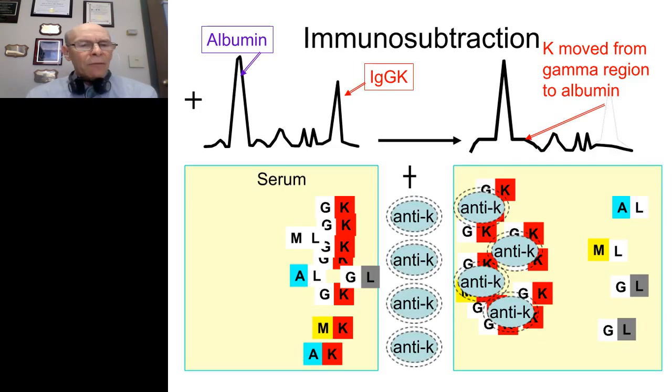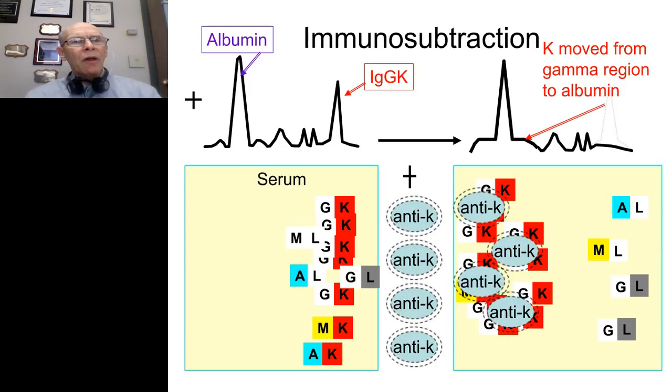Now, to identify them, I used an antisera against kappa, anti-K. I mixed that with the serum and put it through the capillary again. These anti-kappa immunoglobulins bind all kappa-containing molecules. This results in a very bulky antigen-antibody complex, as I've indicated below.